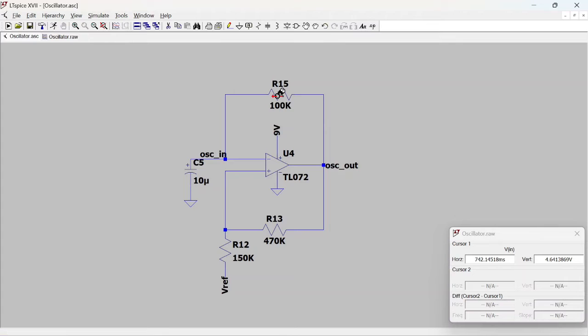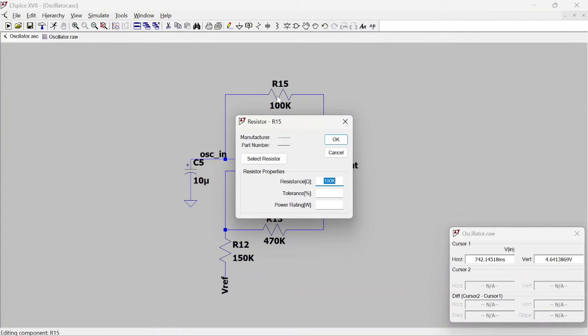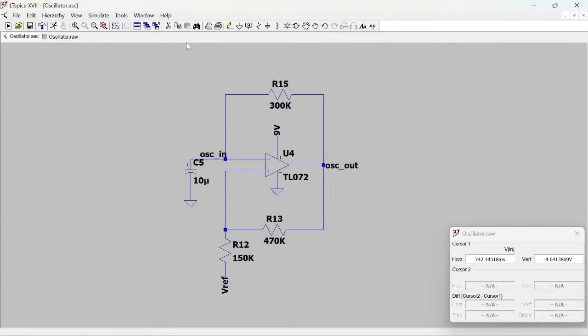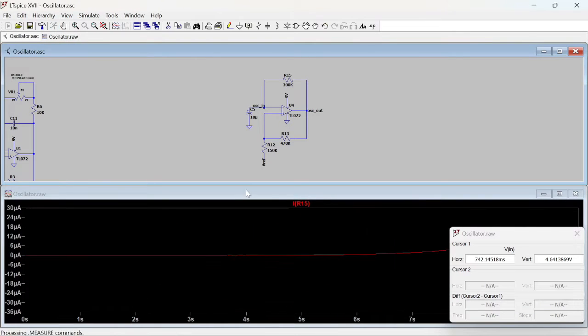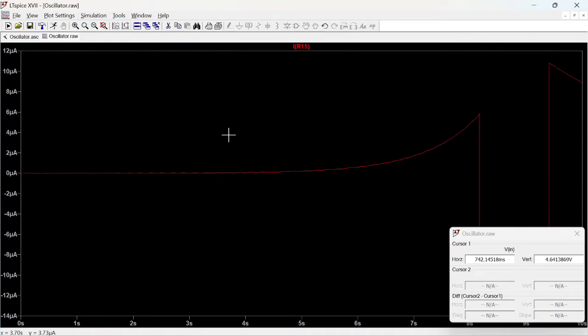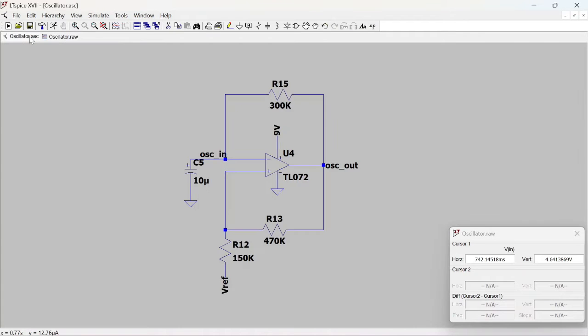And as we increase, this goes slower and slower, lower and lower frequency. But something interesting happens here. It doesn't start straight away. And this is because the current here is smaller and smaller, and hence the initial discharging of the capacitor is slower.